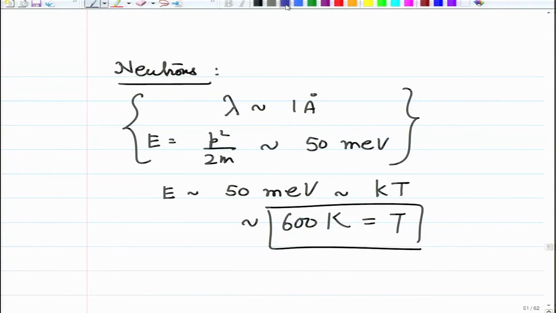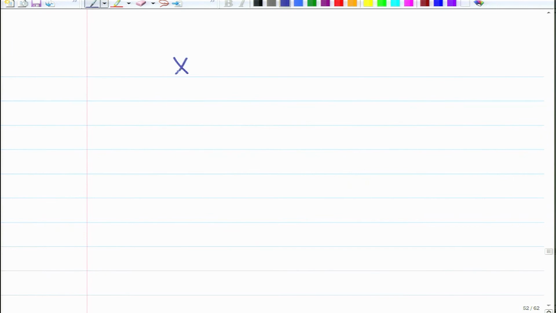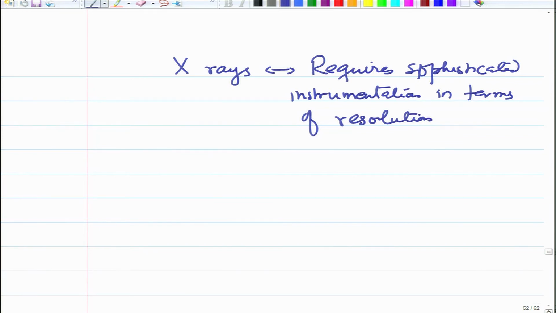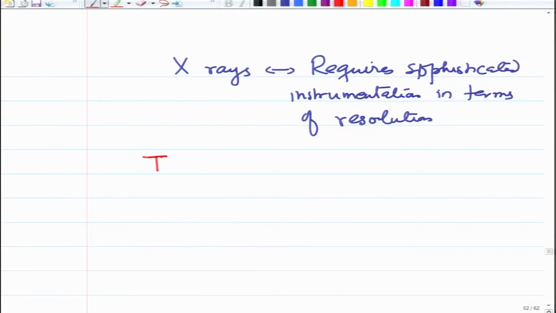So, what we learn in this is I can use X-rays, which requires sophisticated instrumentation in terms of resolution, because out of 1000 eV I have to detect a change of meV, milli electron volts, and I can use thermal neutrons.